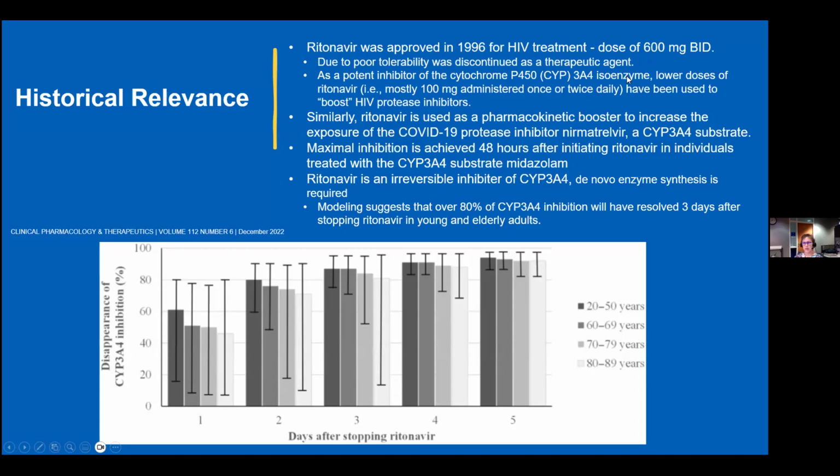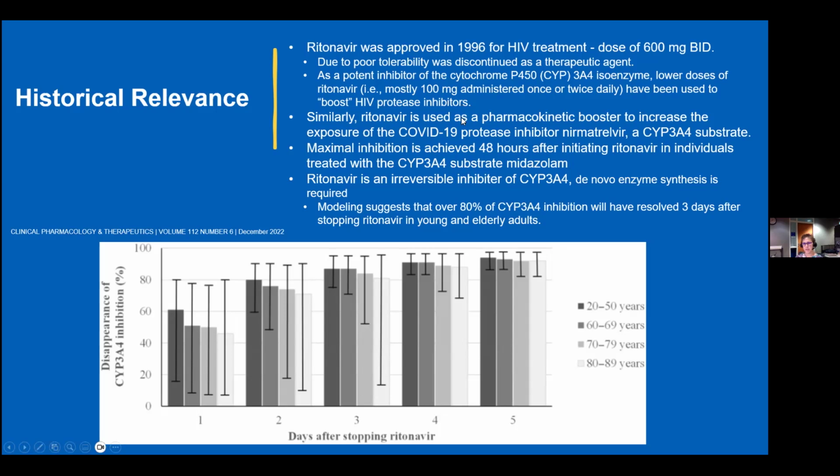However, at much lower doses of just 100 milligrams per day, you can see inhibition of 3A4, which then would boost the serum concentrations of other simultaneously used protease inhibitors that were much better tolerated to manage the HIV.